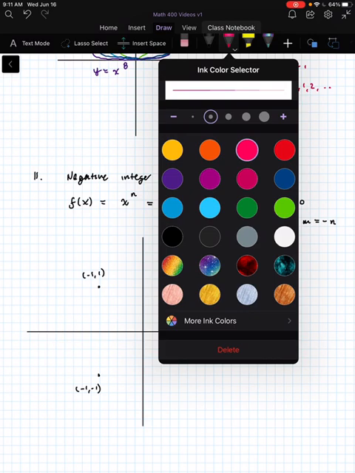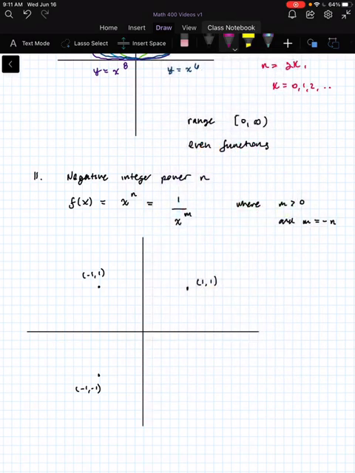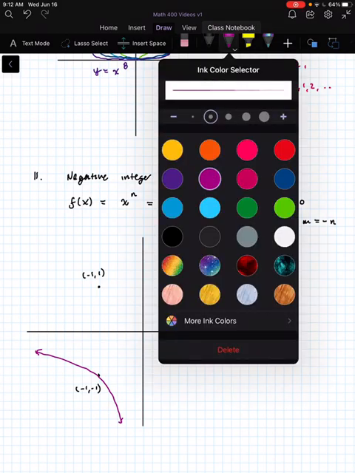So for instance, let's talk about 1 over x. So 1 over x looks like on the right side. And on the left side, we have, so they're mirrored across the origin. This is an odd function.